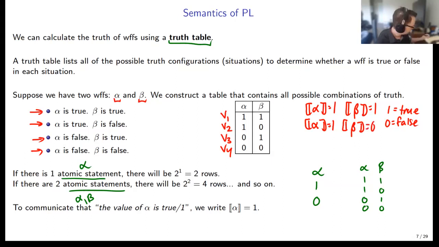So this is just read as the value of. So that's what these double square brackets mean. And you can just write this as like 2 left brackets back to back. That's usually the easiest way of doing it. If you use LaTeX or some other program, there's a special command for it. I think I have it on the discussion board on Canvas as a shortcut in the list of typing symbols.